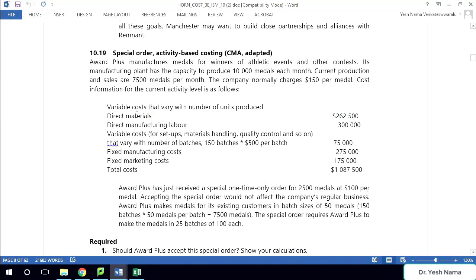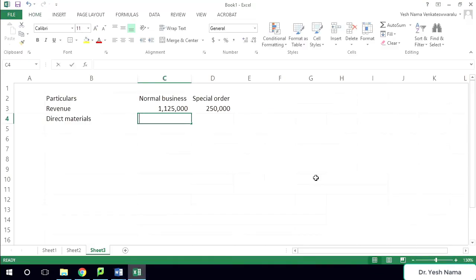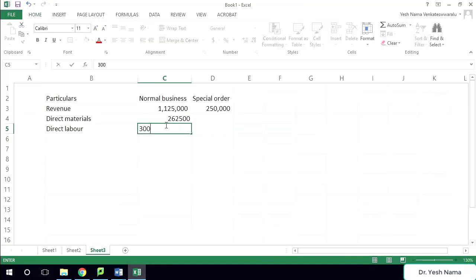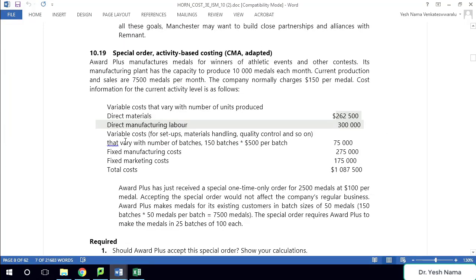Now, variable costs. Direct materials 262,500. Labor 300,000. And we have variable costs which vary on the number of batches here, okay?